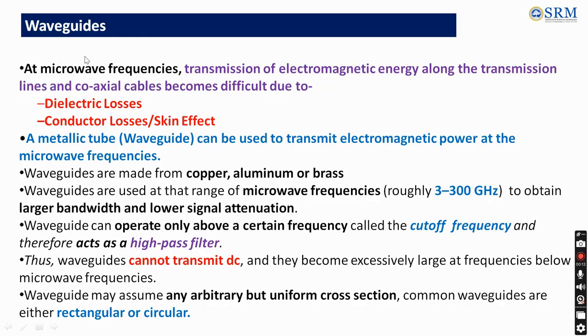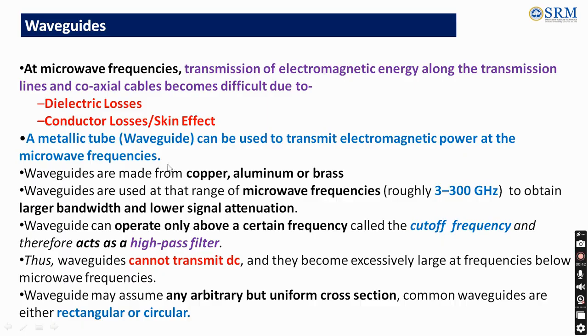Why do we go for waveguides? At microwave frequencies, the transmission of electromagnetic energy along transmission lines and coaxial cables is difficult because of dielectric and conductor losses, and conductor losses come because of the skin effect also. So a waveguide is nothing but a metallic tube which is used to transmit electromagnetic power at microwave frequencies.